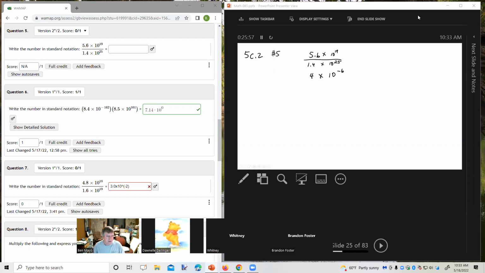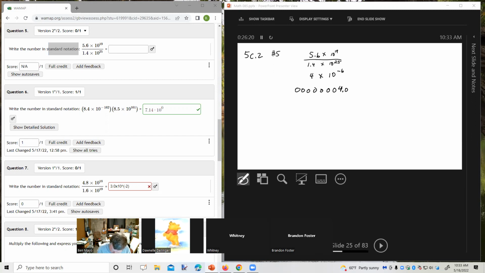But the directions say standard notation. So I don't want scientific notation. I want standard notation. So 4.0. Oh, but we're going to move the decimal point to the left 6 places.